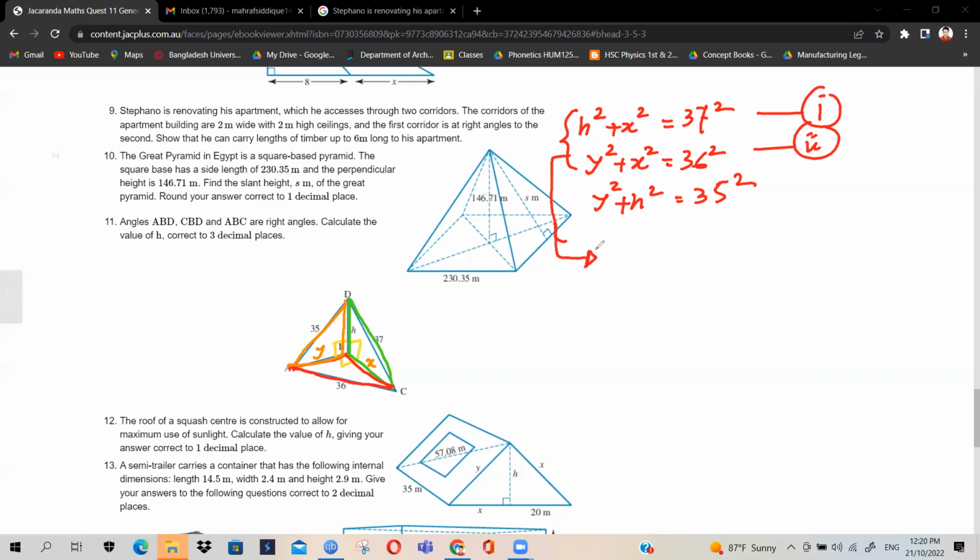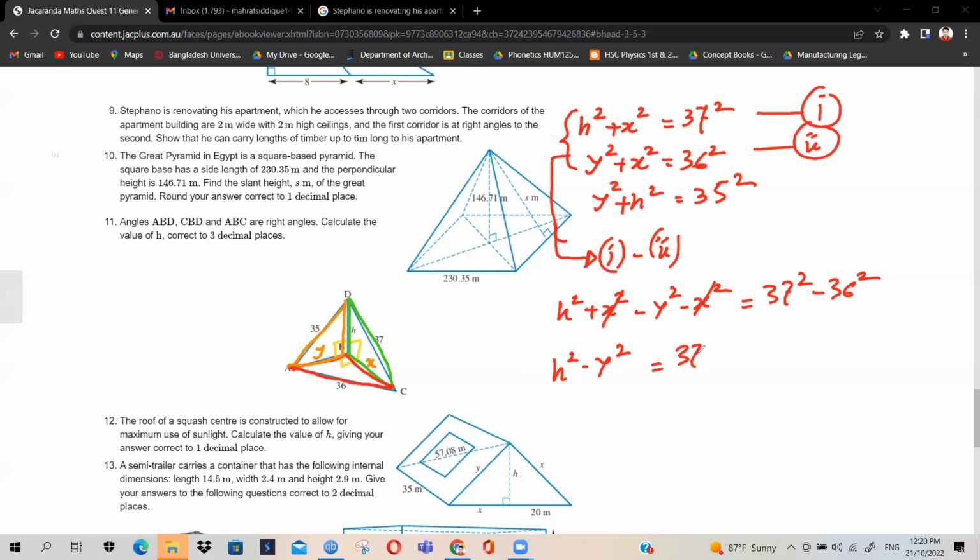So subtracting 1 minus 2, we get h squared plus x squared minus y squared minus x squared equals 37 squared minus 36 squared. The x squared terms cancel each other out, so h squared minus y squared equals 37 squared minus 36 squared.